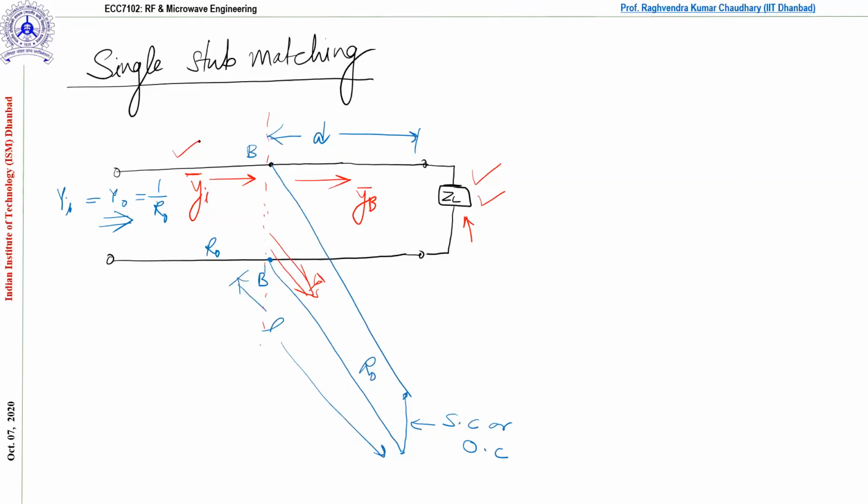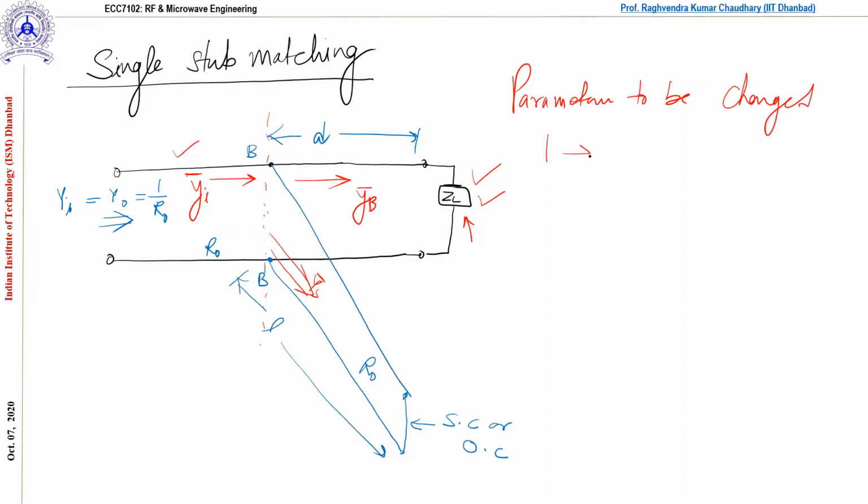Now we'll try to learn how we can find these d and L so that we can properly match the system. Are you getting this thing? So the objective is to find d and L here. Fine. So what are the parameters to be changed here?